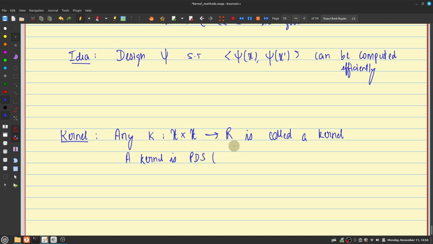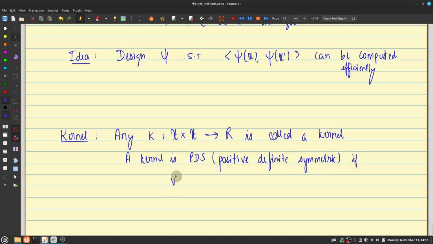Again, it's bad terminology, unfortunately. Positive definite symmetric, if it satisfies the following property.